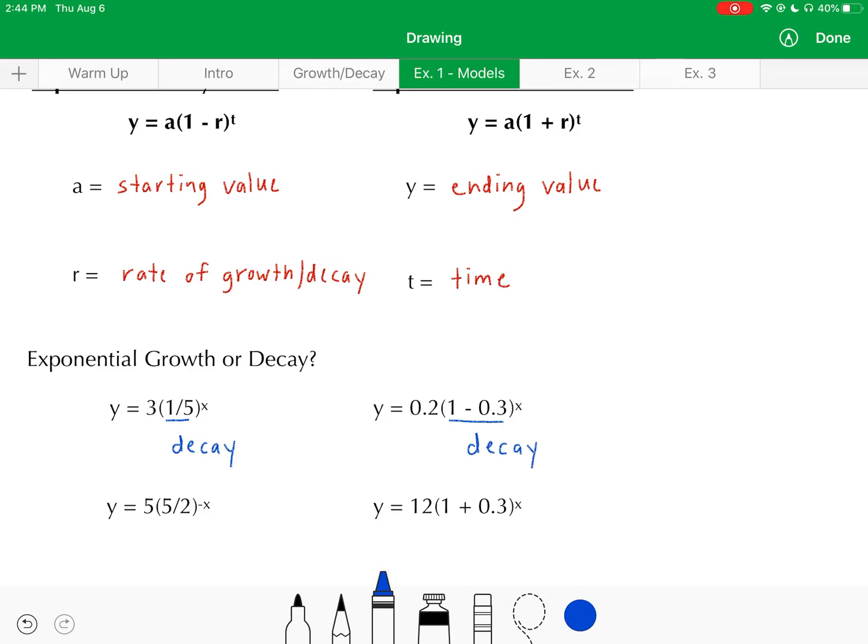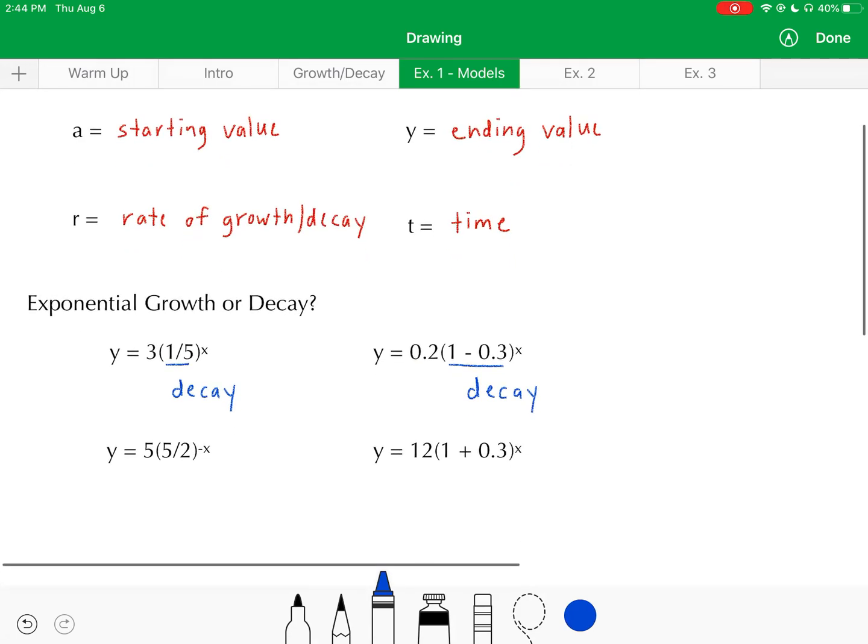All right. 1 plus 0.3, that's going to be a number larger than 1. So this is a growth situation. And then for this last one, bottom left, two things to focus in on. Your B value, your base, it's larger than 1.